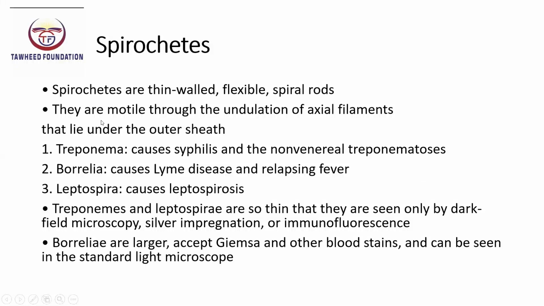Spirochetes are a unique group of bacteria that are thin, flexible, and spiral shaped. Their morphology sets them apart from other bacteria because they resemble tightly coiled springs or corkscrews. A key feature is their motility, which is achieved through axial filaments, also known as endoflagella.